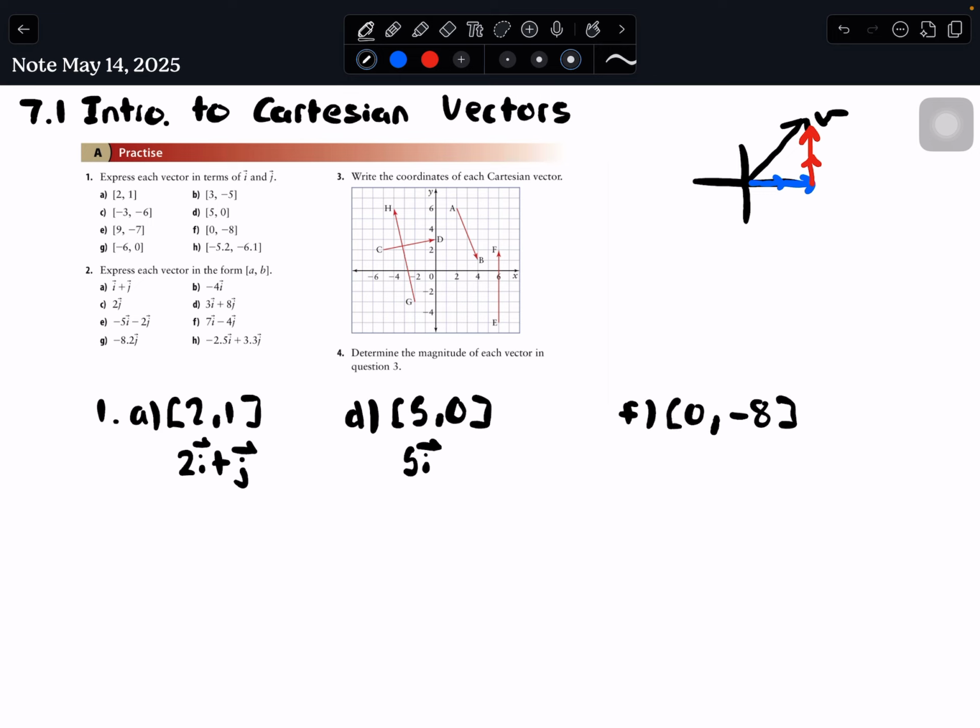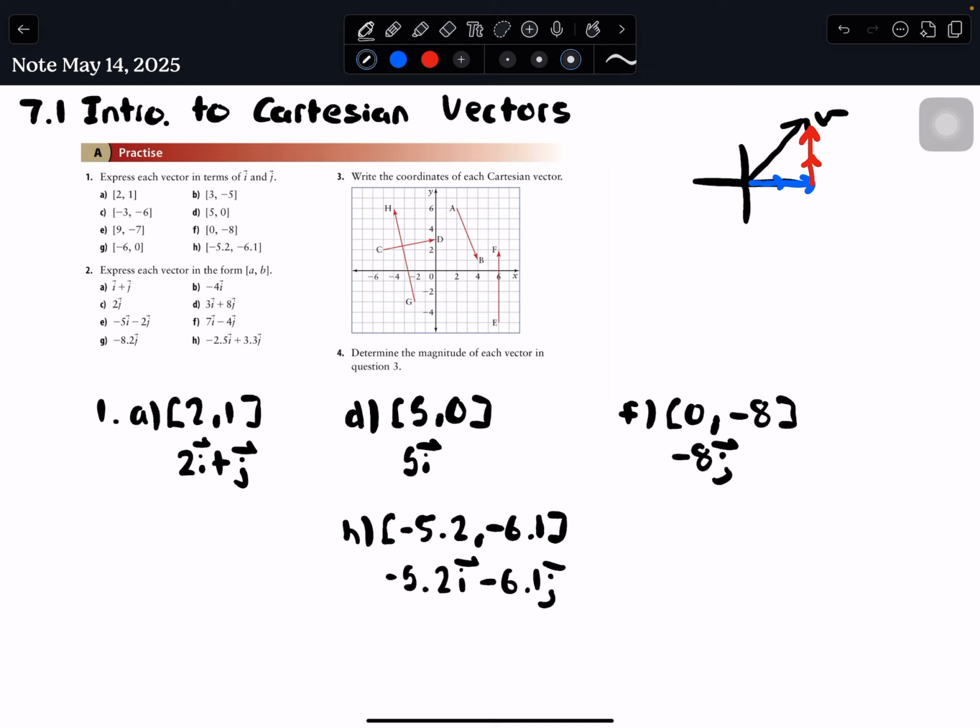So that would just be expressed as negative 8 lots of j. And let's do H. Negative 5.2, negative 6.1. This would be expressed as negative 5.2i minus 6.1j. Okay. Pretty self-explanatory, I would say.